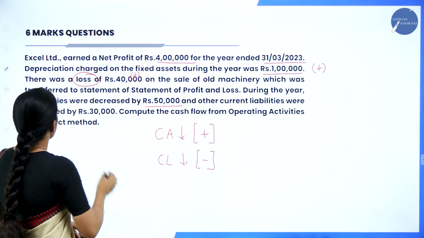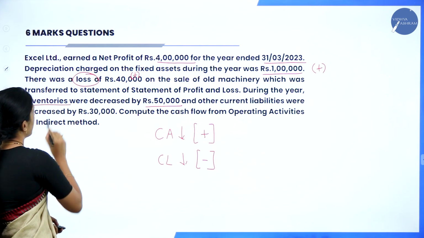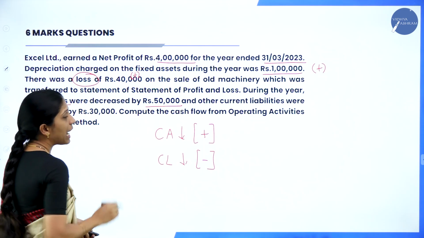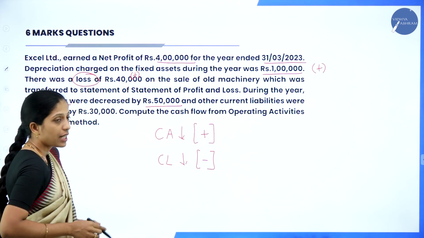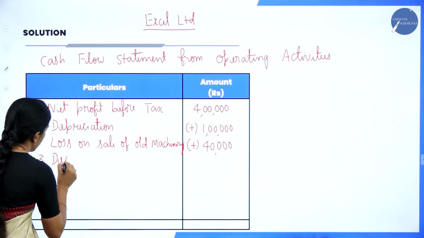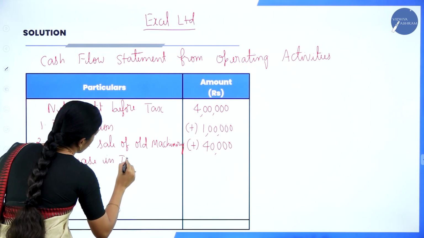Next, after that, transfer to statement of profit and loss account. During the year, inventories, that is current asset, is decreased. So you have to add. So decrease in inventories or decrease in current asset. Third is decrease in inventories.